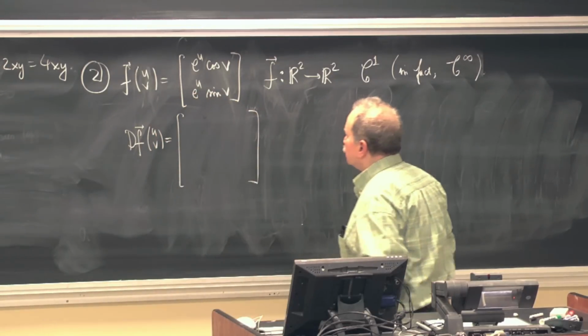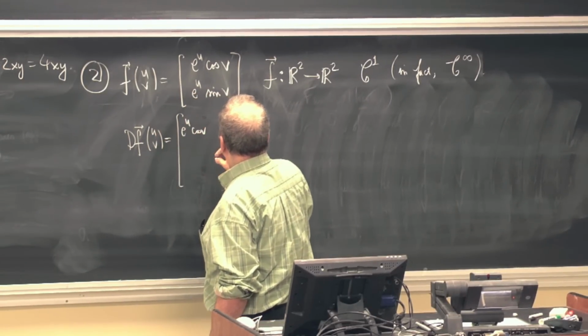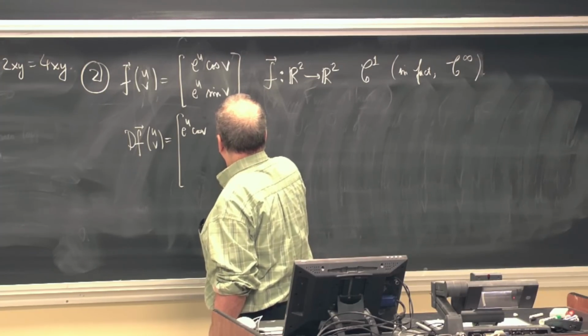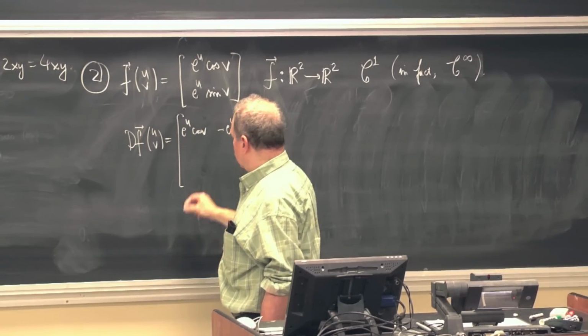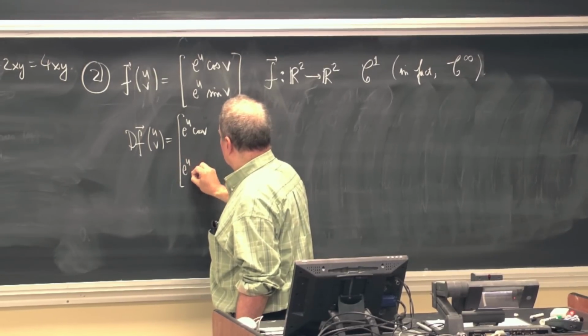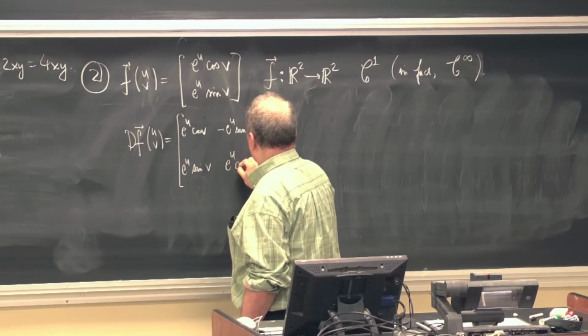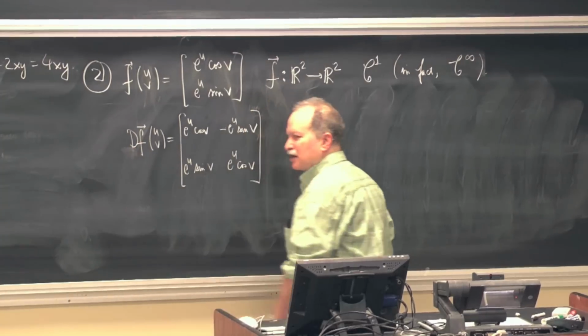e to the u cosine v, negative e to the u sine v, e to the u sine v, e to the u cosine v. So what's true about singular, non-singular for this?